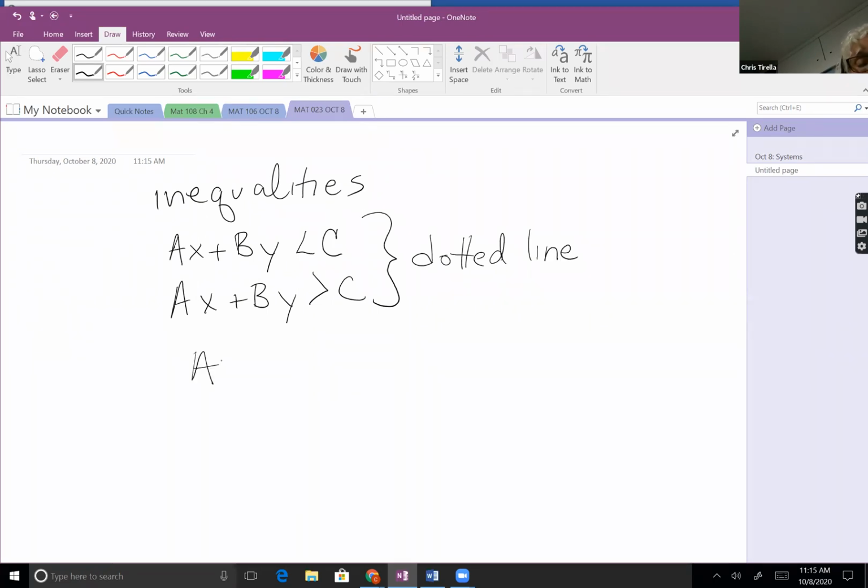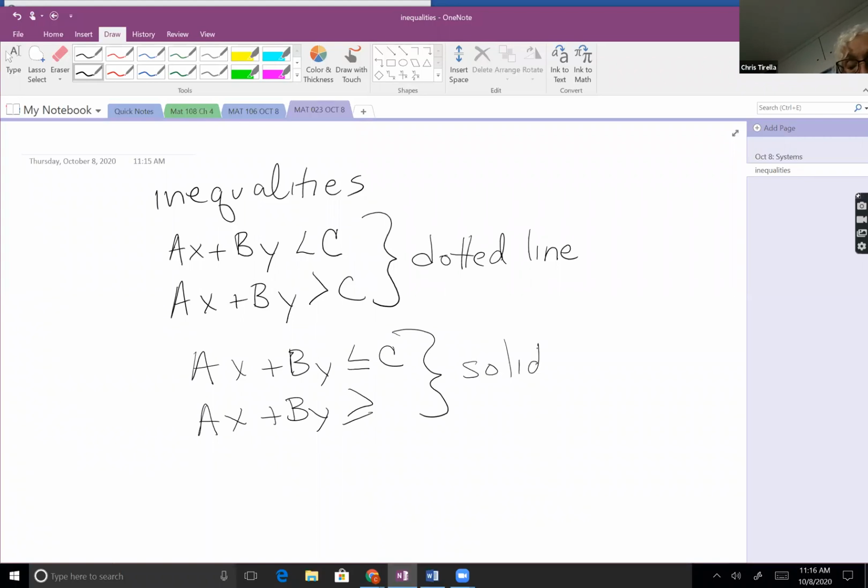If I have ax plus by is less than or equal to c, or greater than or equal to c, those are your solid lines. And in addition to graphing that line, either dotted or solid, you have to remember to take a test point and then shade.